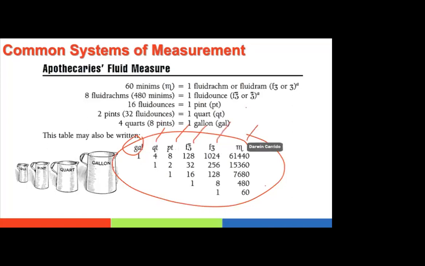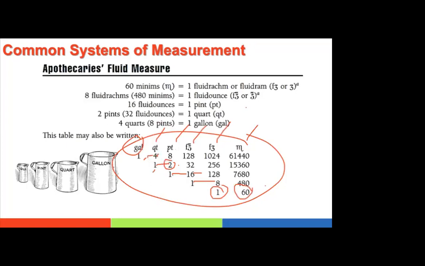So how do we interpret this? 1 gallon is equal to 4 quarts. Get it? 1 quart is equal to 2 pints. 1 fluid dram is equal to 60 minims. Whatever is paired together, those are the values. Okay?